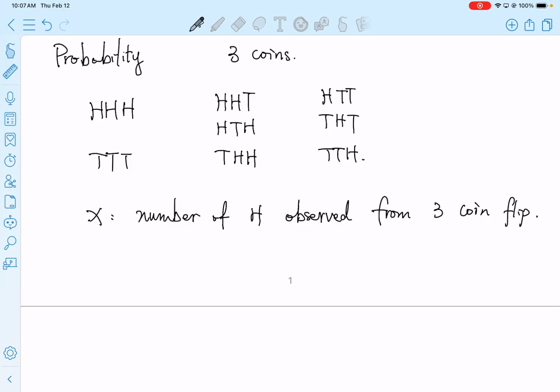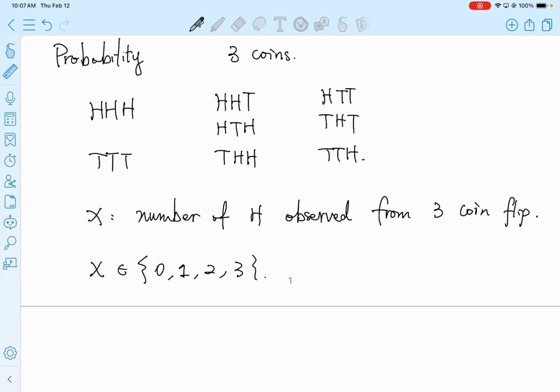Okay. So now we define X in this case, and because we only have 3 coins, X can only take the values 0, 1, 2, 3. You either observe no head, and then 1 head, and then 2 heads, and then 3 heads. Okay, so this is the support, or the associated values that this random variable can take.